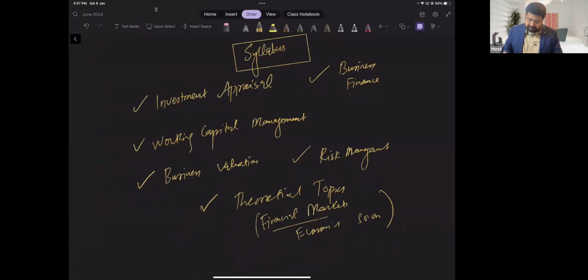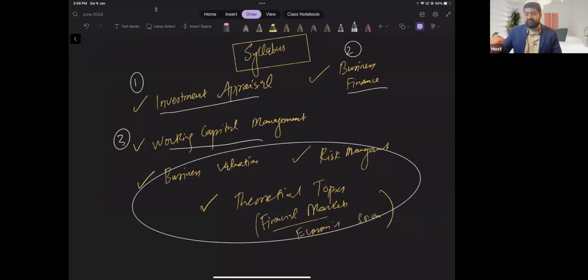So students, now the point is, these three sections, if we say weightage, if we break your syllabus into 4 equal parts, 1, 2, 3, and 4, 4 equivalent parts mean 20-25% weightage in your syllabus.